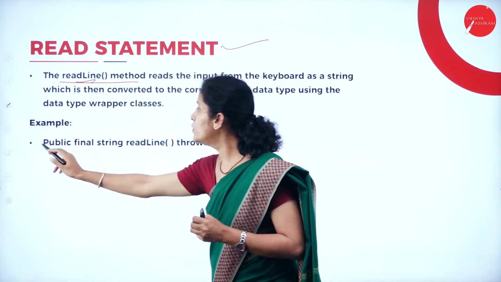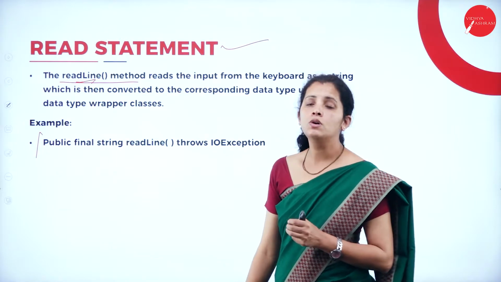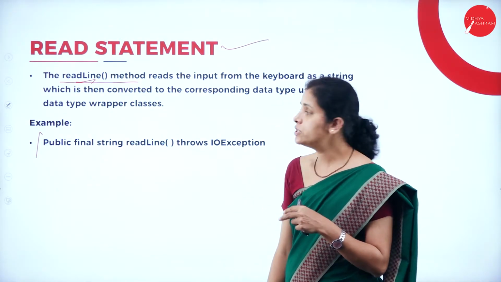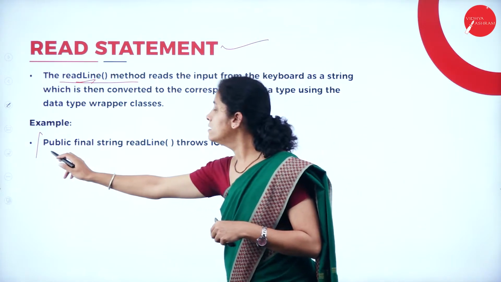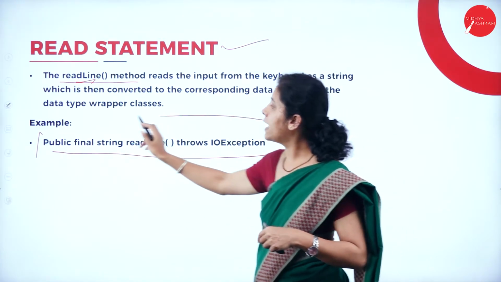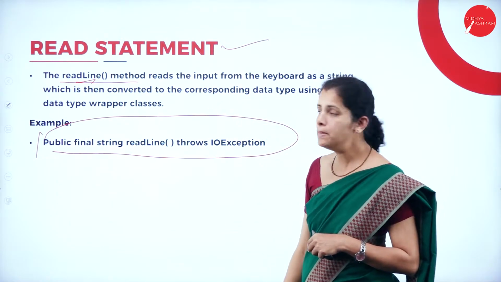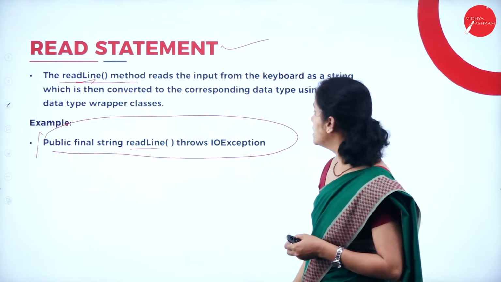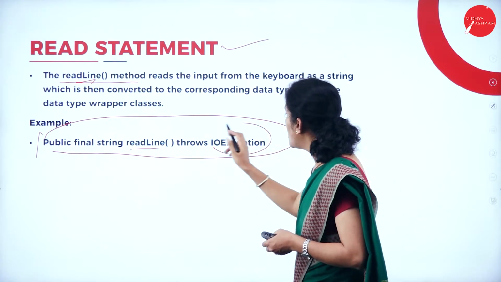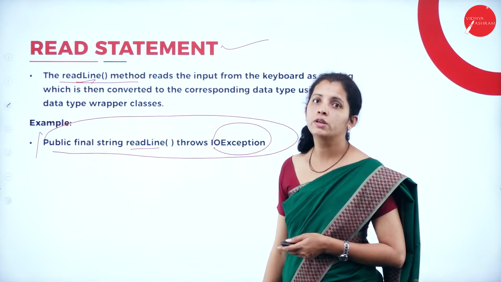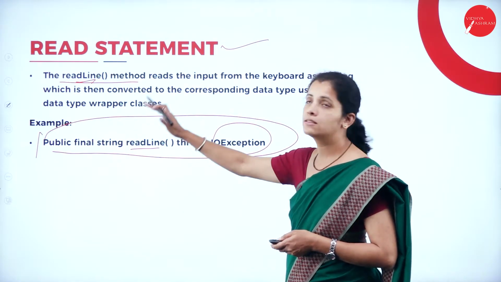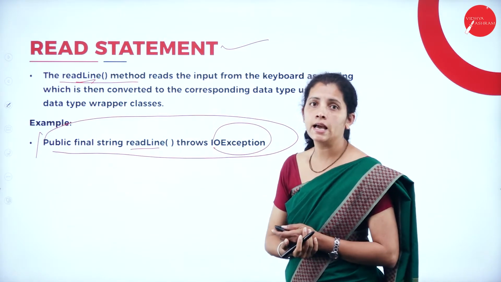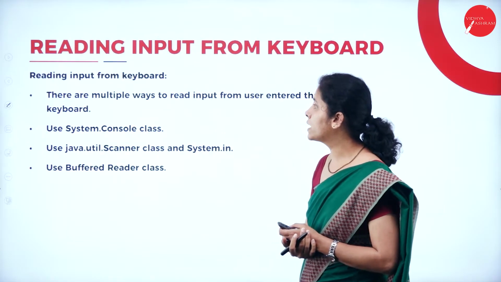Suppose I want to use the readLine method in my program, then this is the syntax: public final String readLine() throws IOException, that is input output exception. So this is the syntax I have to use for the readLine method in my program.